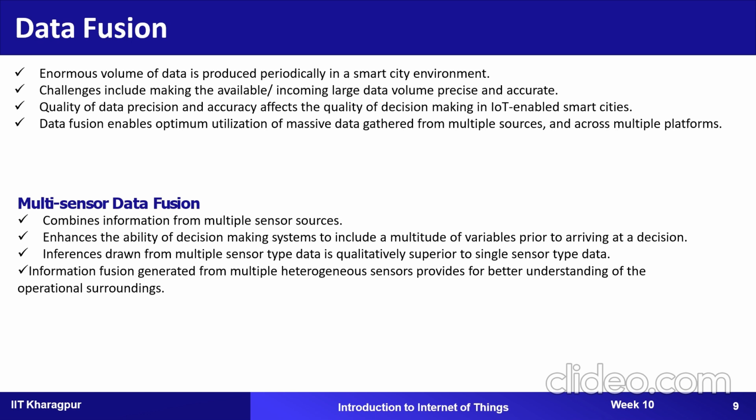An enormous volume of data is produced periodically in a smart city environment. Various challenges include making data available, and making incoming large data volume precise and accurate. The precision and accuracy of data affect the quality of decision making in IoT-enabled smart cities.